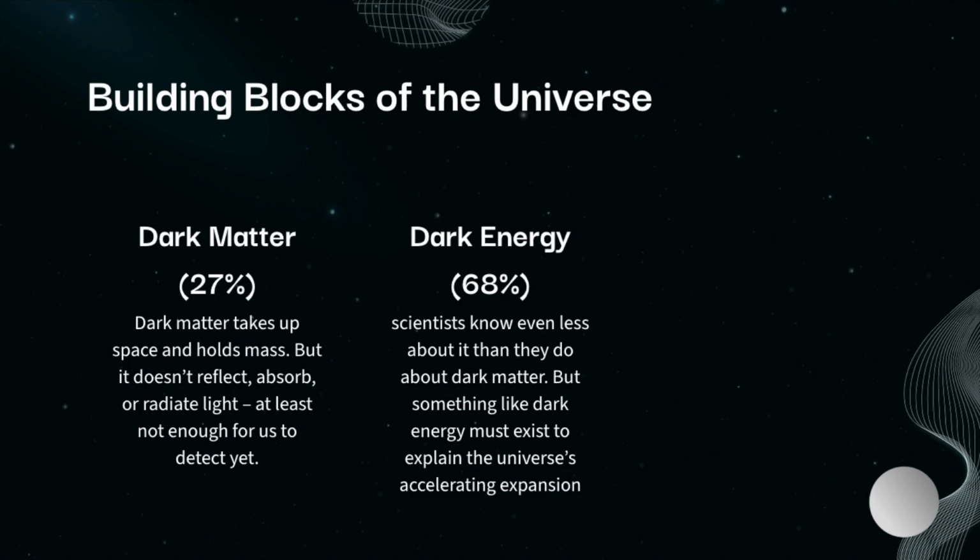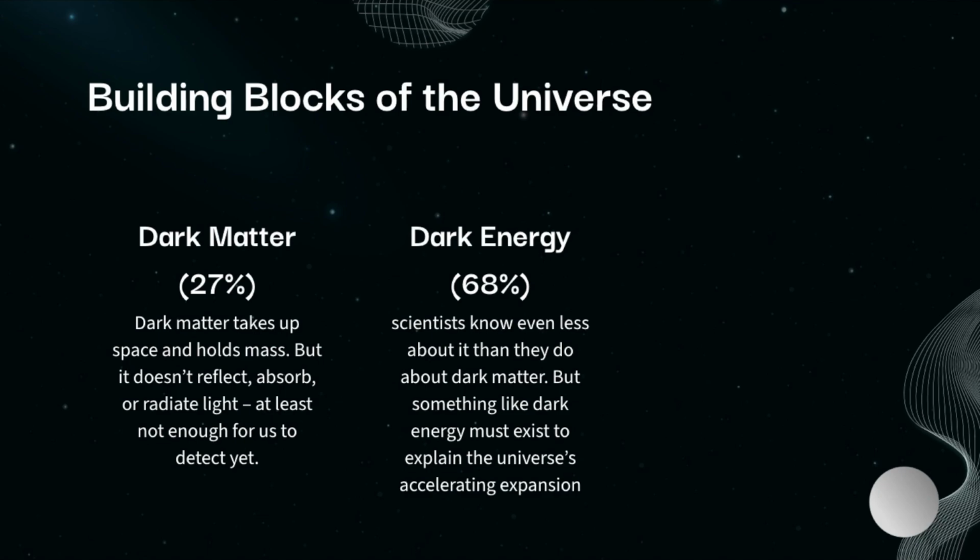But it is known that it has to exist because it's the only way to explain the universe's accelerating expansion, which is related to the Big Bang Theory, as you may know it. But we'll see more of that in another video.